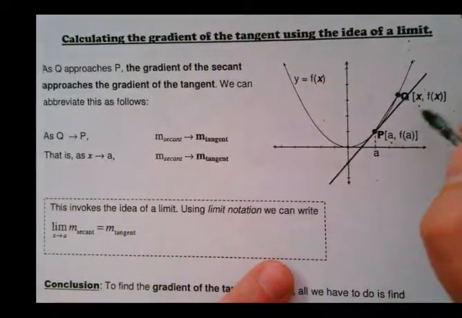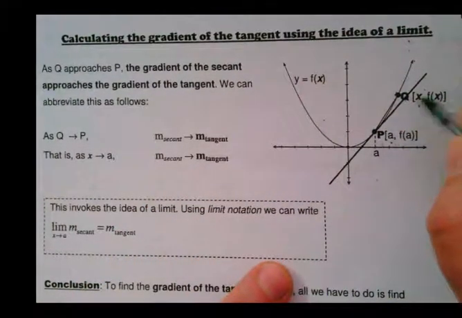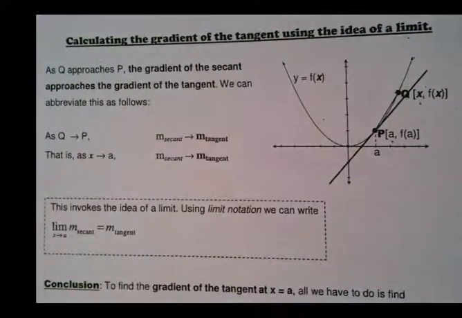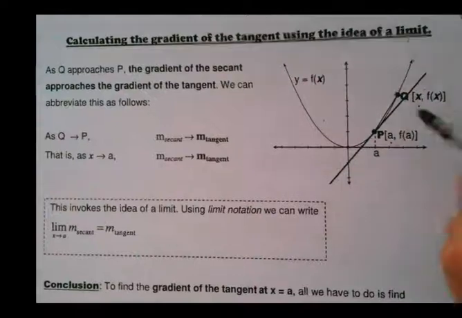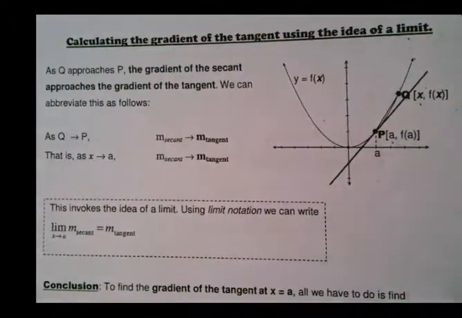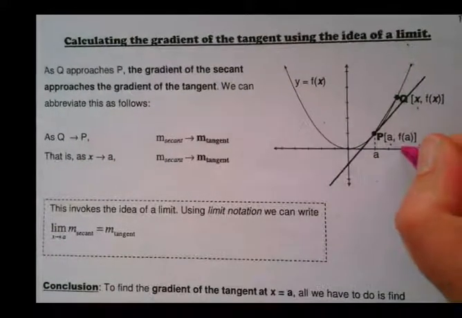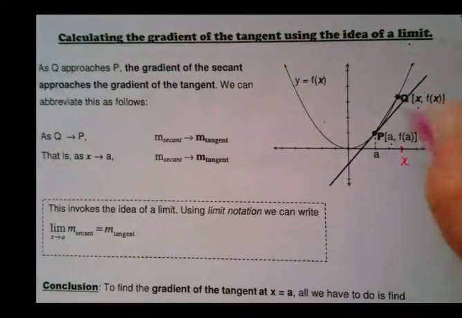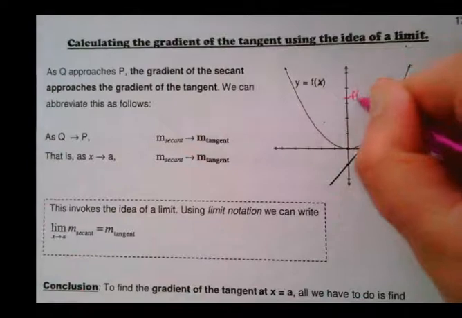Do you get it? As the x value of Q approaches whatever the x value of P is, which is A. So as x gets closer and closer to, so this here is the point A, function of A. And if I look at Q here, this is the point x, and up here is function of x.